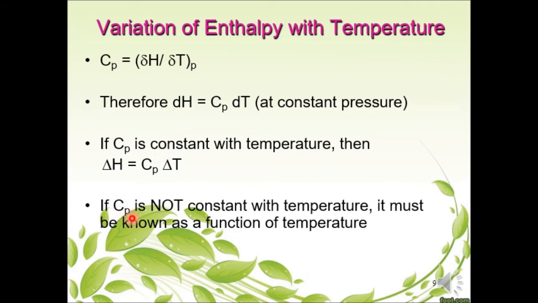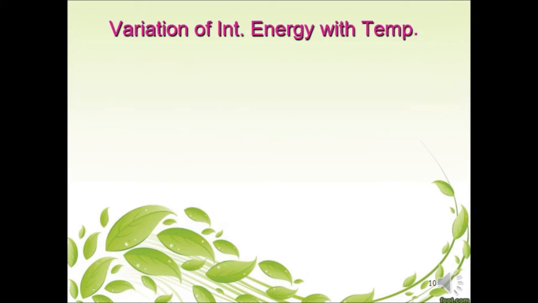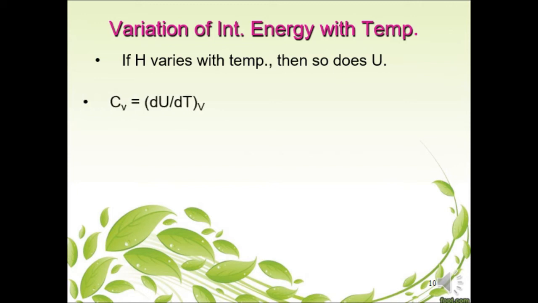But if Cp, the constant pressure heat capacity, is not constant with temperature, it must be known as a function of temperature, for example this. So if the enthalpy varies with temperature, that means the internal energy would also vary with temperature.